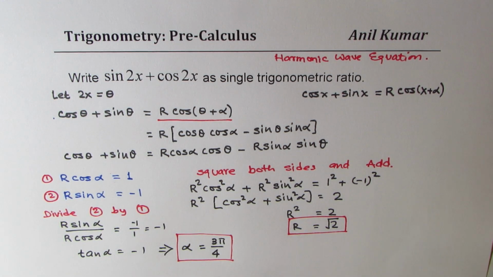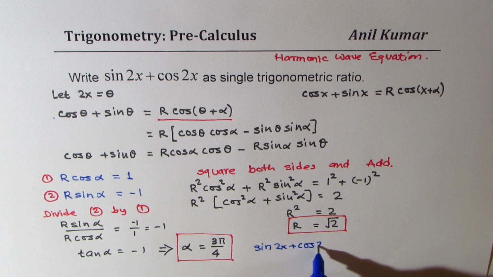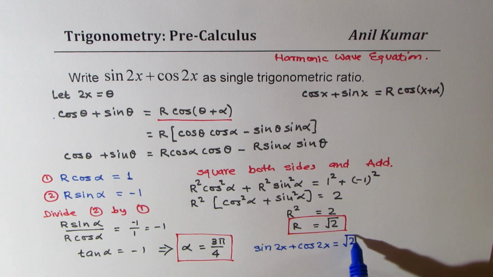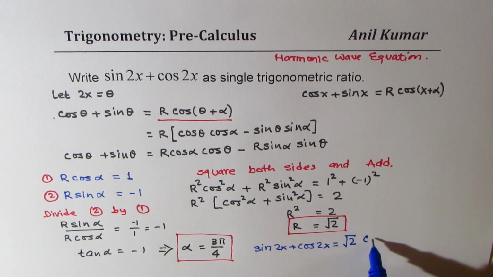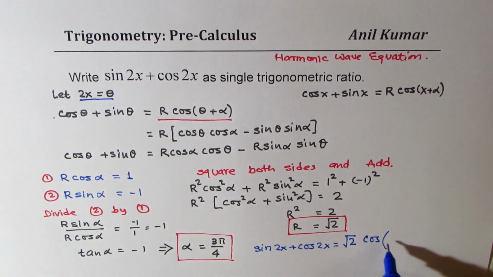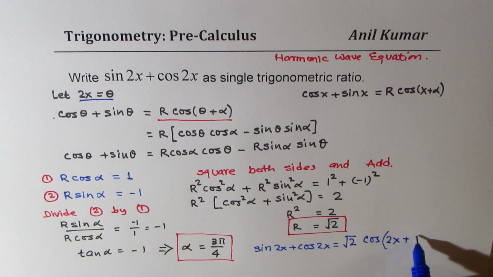So substituting all this, we get our result, which is sin 2x plus cos 2x is equal to r, which is square root 2, cos of theta, which is substituted as 2x, right? So we write 2x here. And alpha is 3 pi by 4. So we write plus 3 pi by 4. Do you see that result? So that is how we get our final answer.